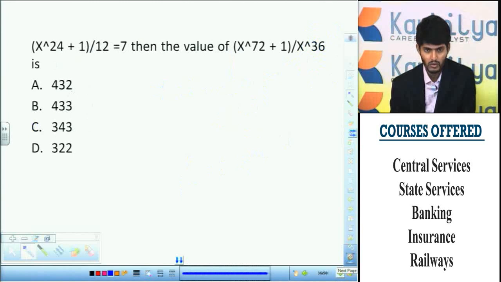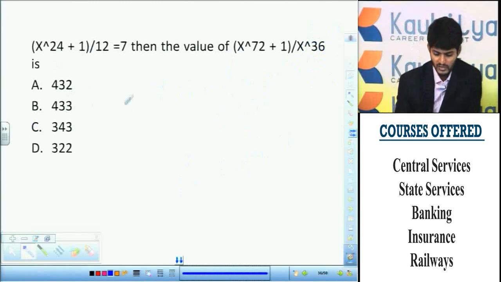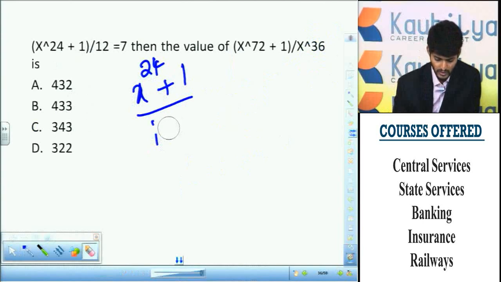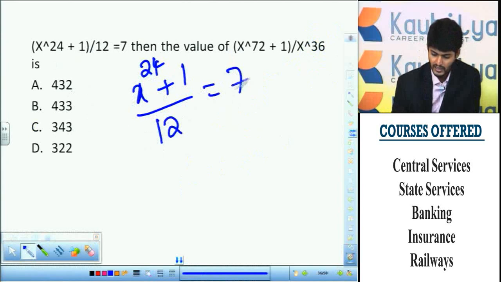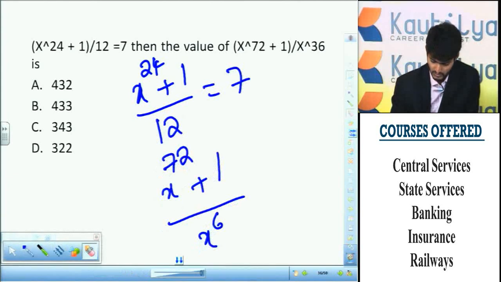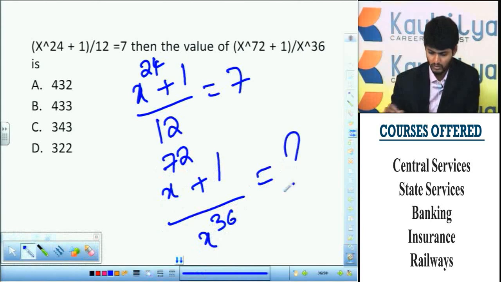Okay, now look at your next problem, which is a very good problem. As you can see here, x power 24 plus 1 by x power 12 is equal to 7, and he is asking x power 72 plus 1 by x power 36 is equal to how much?